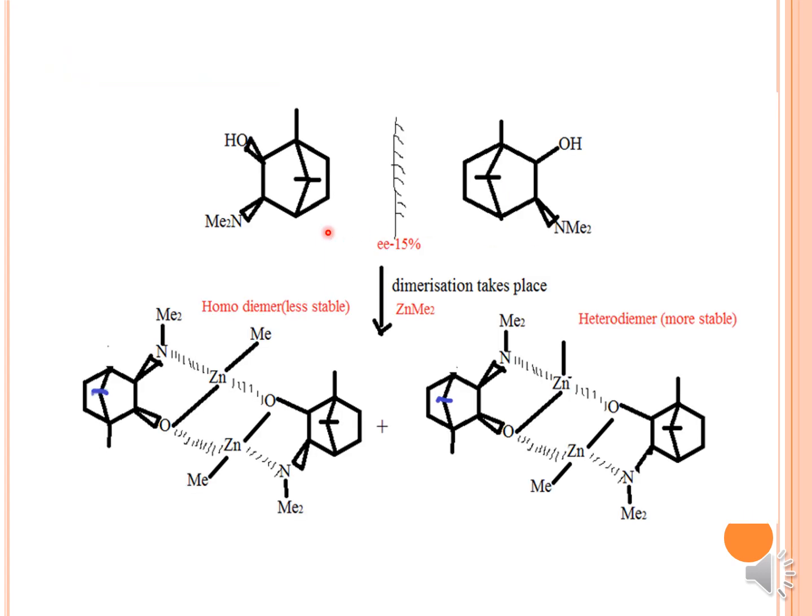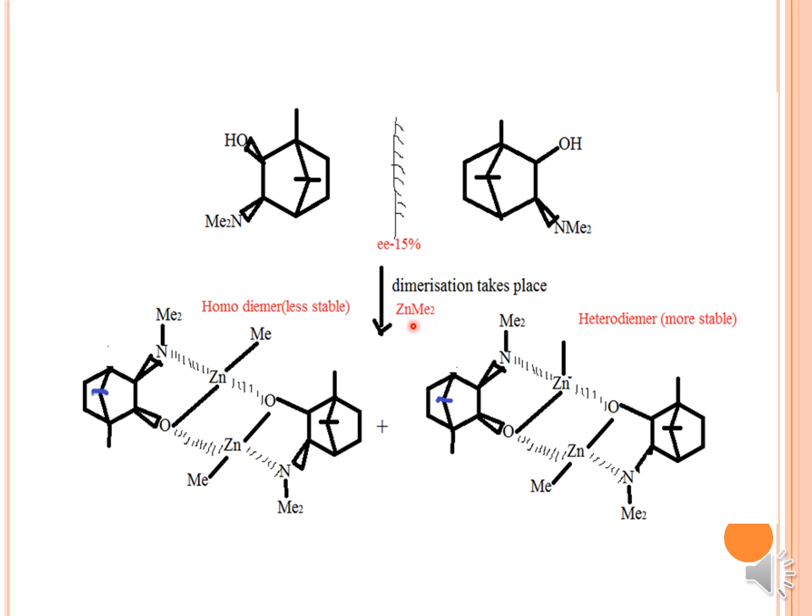So moving on to the reaction, with the help of an example, we will show how the alcohol is formed. We are taking the two enantiomers, okay. You can see these structures are similar to camphene. You can see it as a bicyclic compound, a bicycloheptane compound. Then we take the two enantiomers having an enantiomeric excess of 15%, okay, upon treatment with the metal catalyst, that is dimethyl zinc.